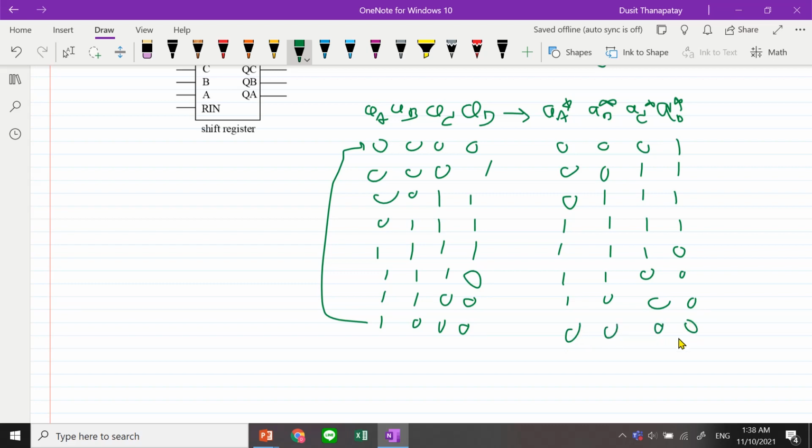Okay. Now write the equation for each transition: QA star, QB star, QC star, and QD star.